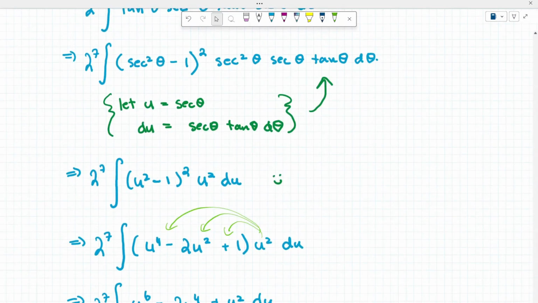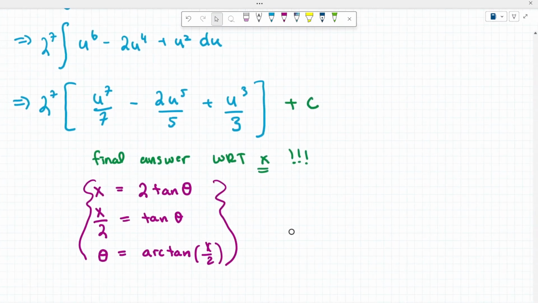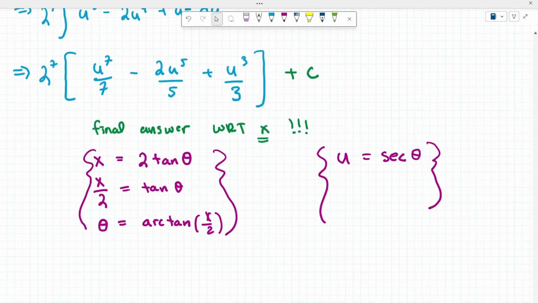We said that u equals secant theta, so everywhere we see a u, we have to put secant theta. So let's show that. We have that u equals secant theta. That was our first substitution, so we're going to do this one first. We're going to apply this substitution back into this answer where I showed the arrow.